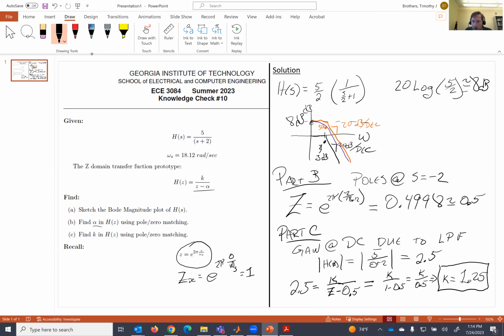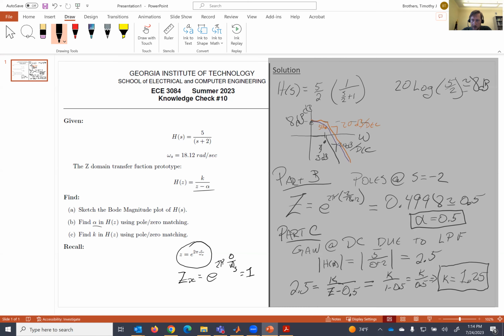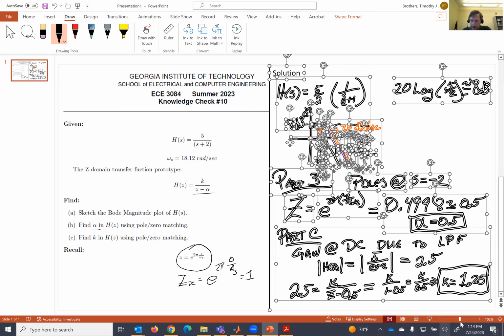And we have that alpha is equal to 0.5 here. And so now, if we want to put this together to form the overall H of S solution, let me minimize some things on this side so I can free up just a little bit of space.